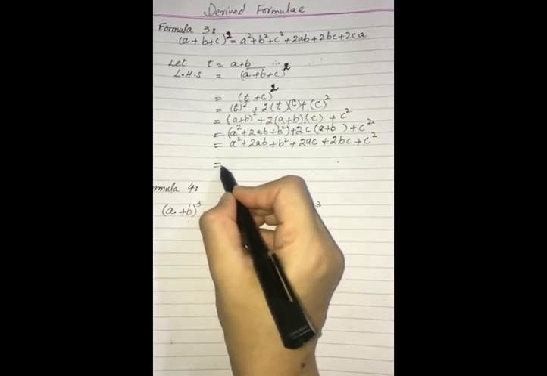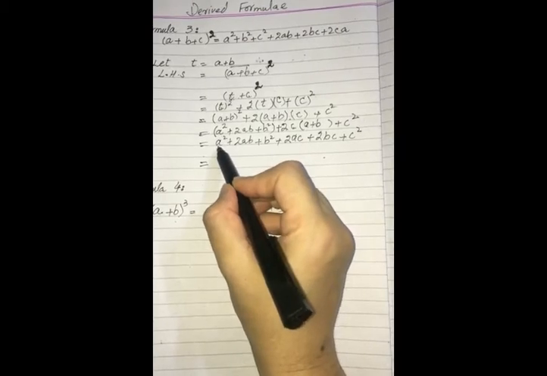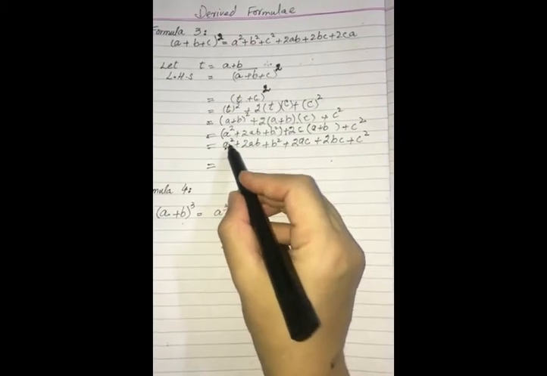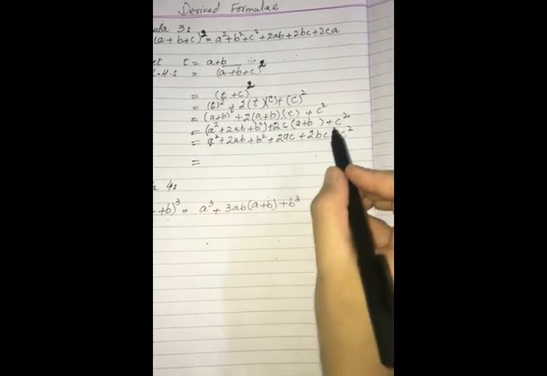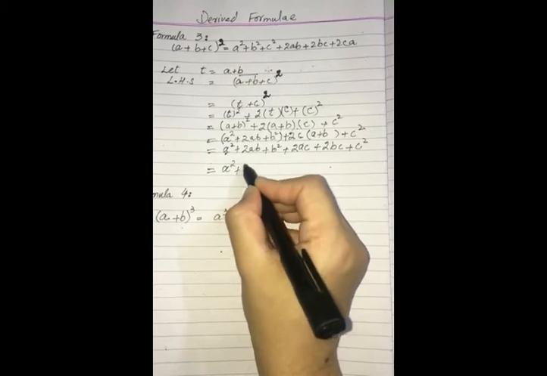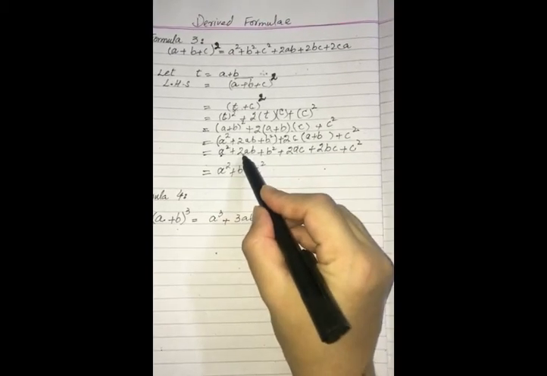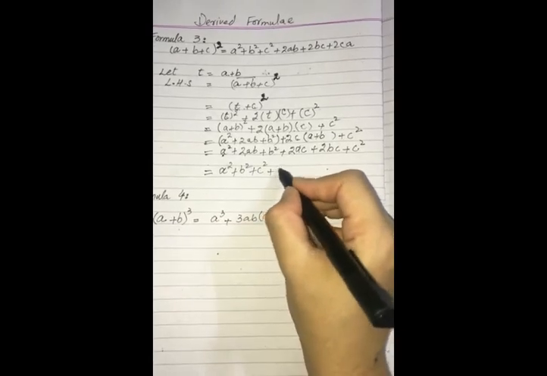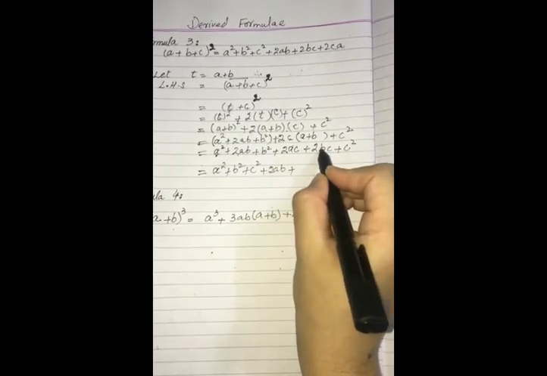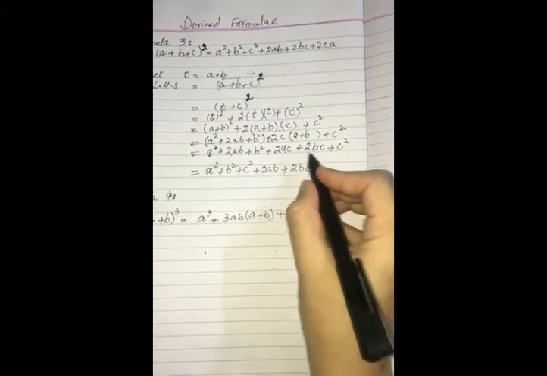Now arrange them. Single terms of squared values will be written first. This is the squared value, this is squared value, and the last one is squared value. So I am going to write a square + b square + c square first, and then 2ab + 2bc, and then at the last 2ca.